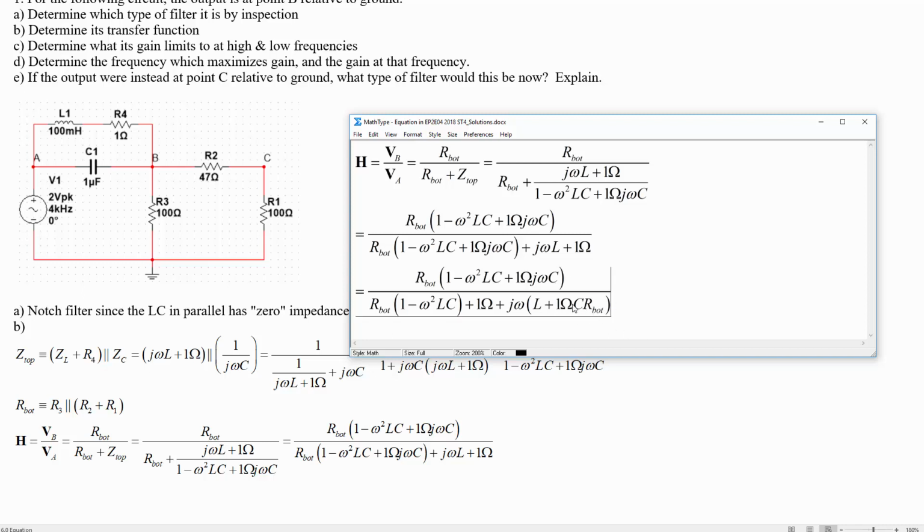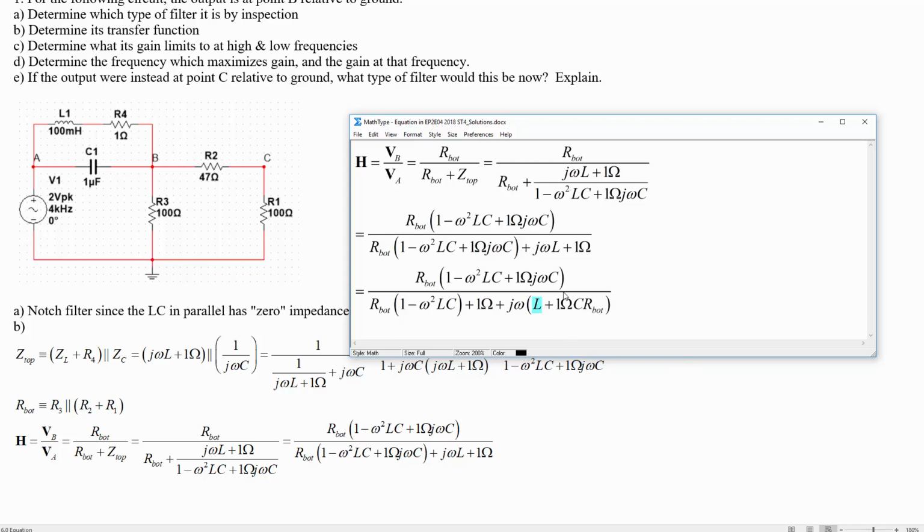So how low we're able to get depends on this 1 ohm times C times R bottom compared to this extra 1 ohm factor, which we can probably ignore, and L. So if ignoring this part of the term, if L is, let's say, much larger than 1 ohm times R bottom times C, then we're going to end up with a transfer function that goes basically to 0.